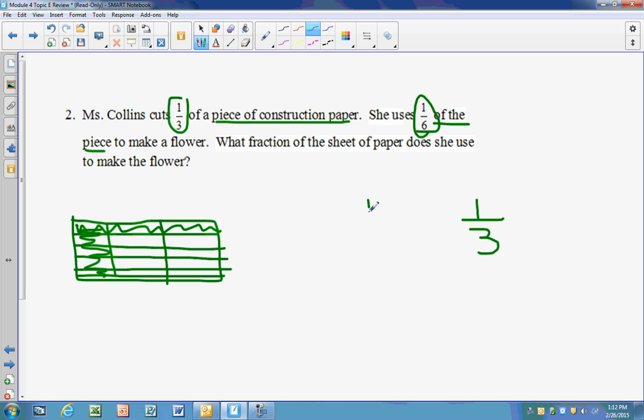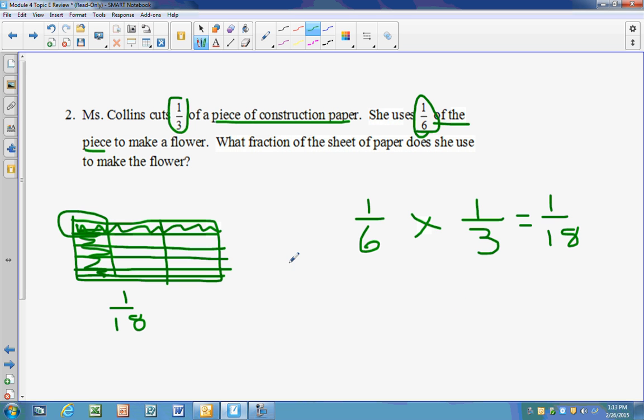So I'm finding 1/6 of 1/3. And I look at how much is double shaded, and it's just this section right here, which is 1 out of 18. And I can check by multiplying straight across. 1 times 1 is 1, and 6 times 3 is 18.